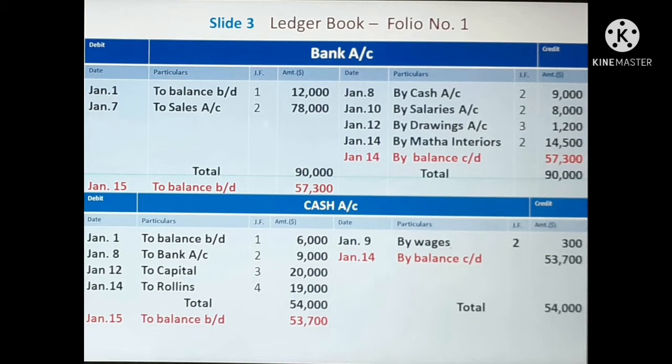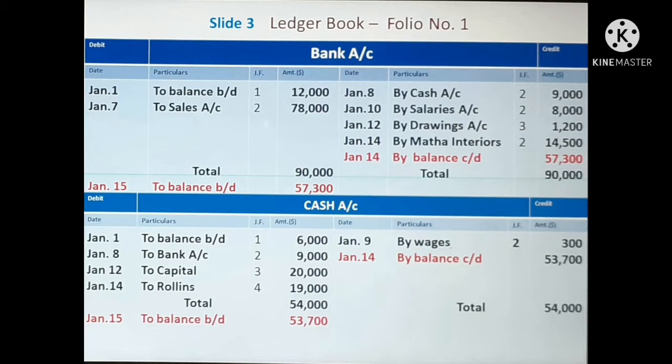Here there is a balance in favor of Sabu's firm, so the bank account shows a debit balance. Cash account, it is an asset account. Debit what comes in, credit what goes out is the rule. All transactions that come in the debit side are cash that has come in through different postings. On the credit side, there is only one posting, wages paid $300. So the credit side total is shorter.